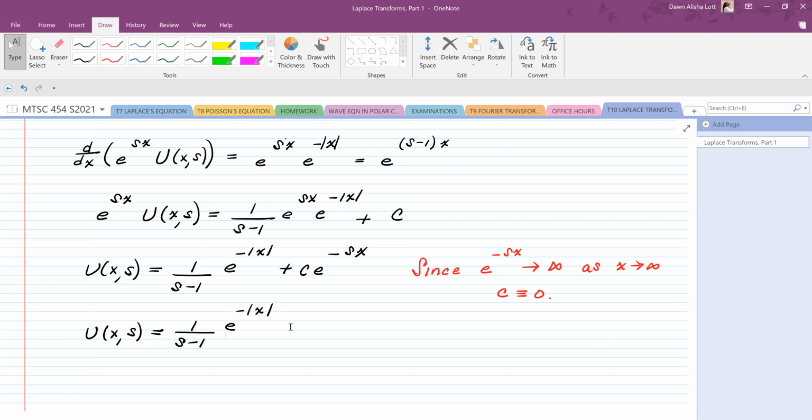Number 66, the Laplace inverse transform of 1 over s minus a.